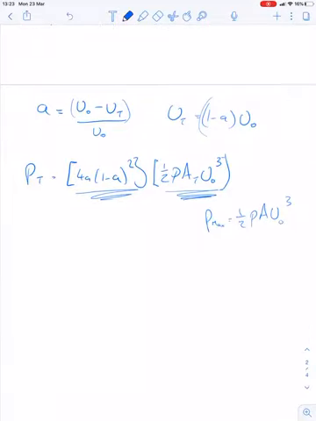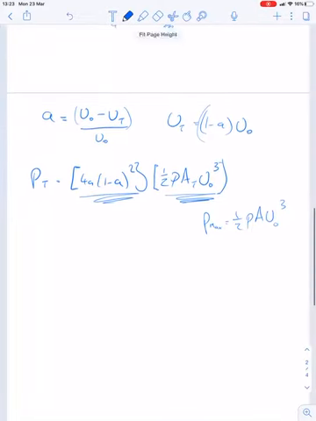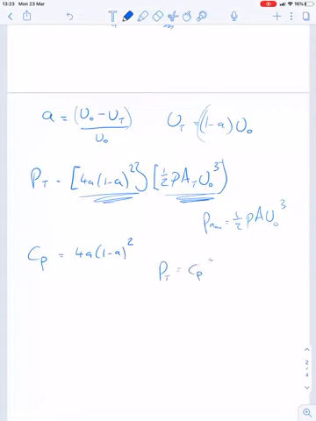So we say that this term is the coefficient of power extraction. So we call it CP, and we say that CP equals 4A times (1 minus A) squared. So we can rewrite the turbine power equation as CP multiplied by half density A_T u naught cubed. You'll see that in some textbooks.